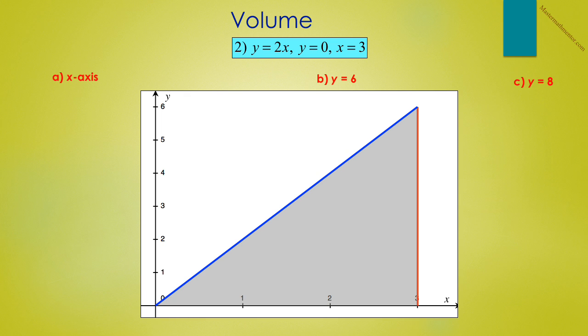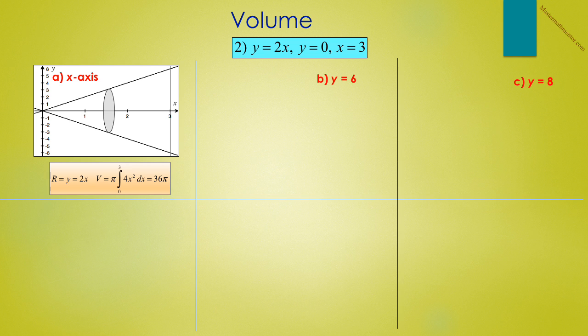In number 2, our region is defined by y equals 2x, y equals 0, and x is equal to 3. We are going to rotate this region around 3 horizontal lines. We first rotate our region about the x-axis, and since there's only one curve, it is a disk situation.